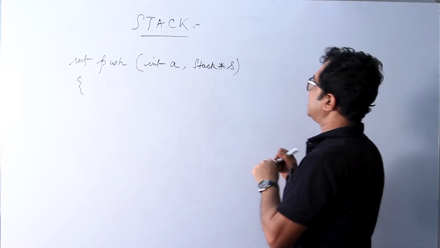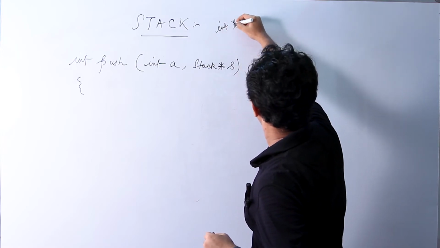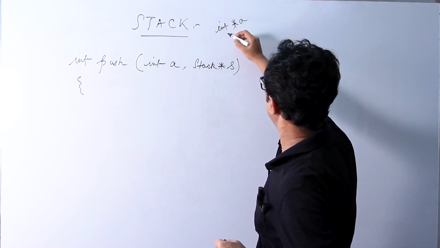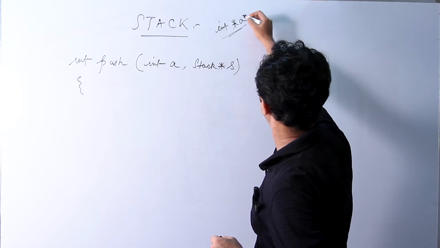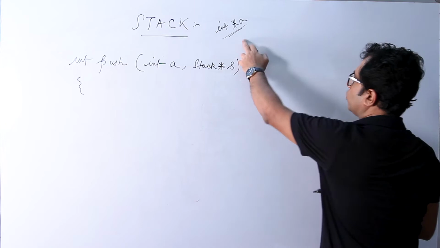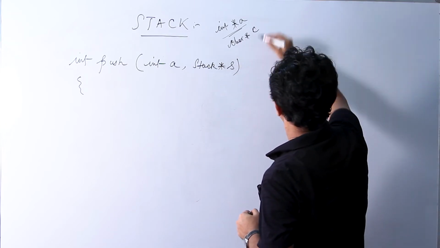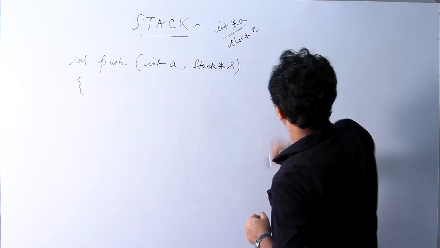Just as we write, suppose, int *a, it would have meant that a is a pointer to an integer. Likewise, if we have written char *c, that would have been a pointer to a character data type.